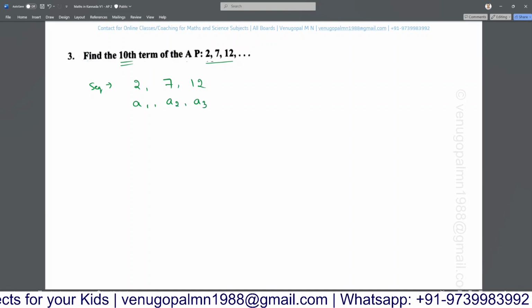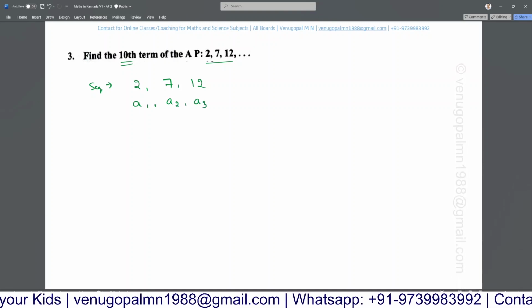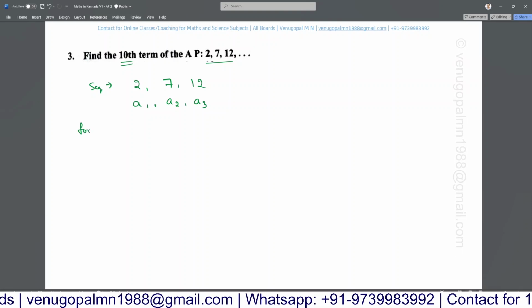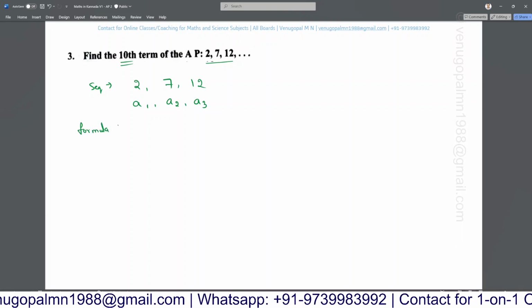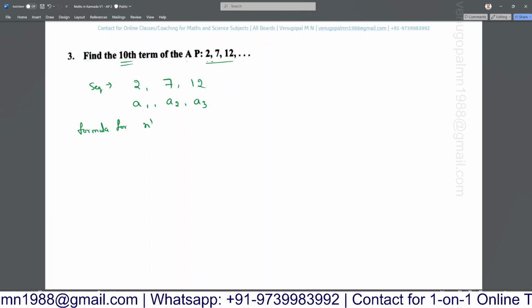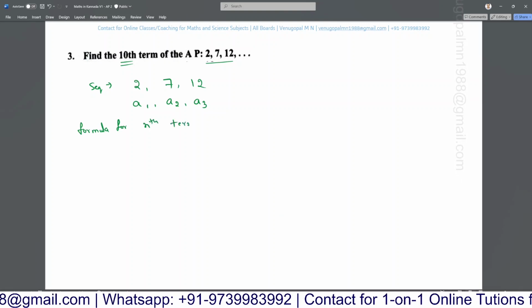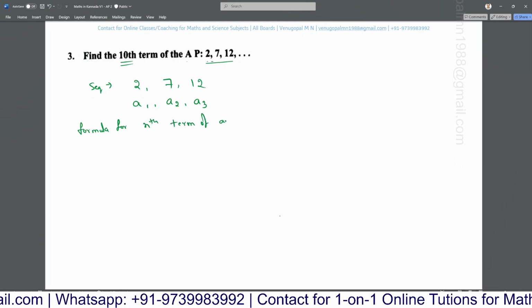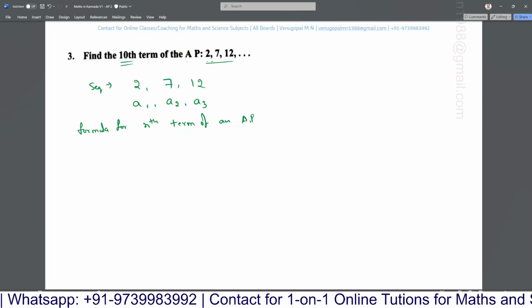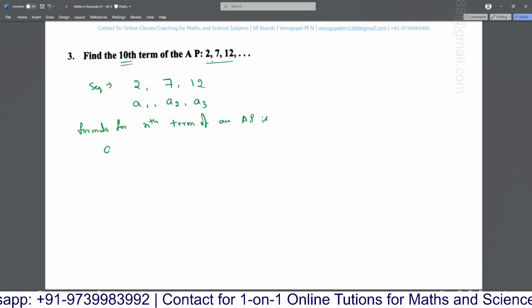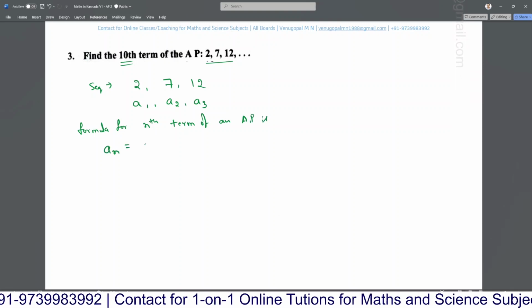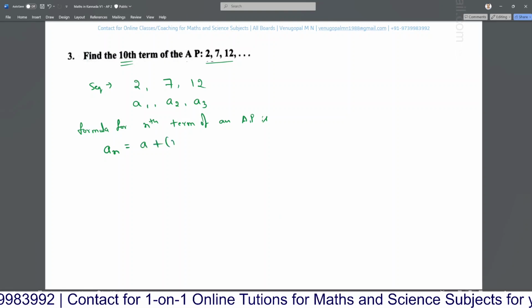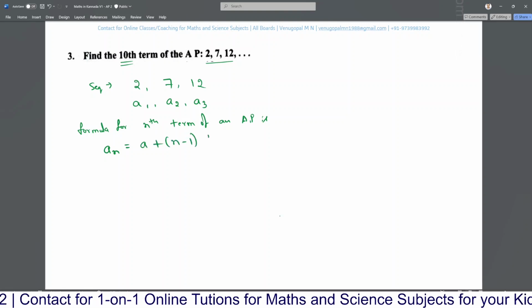And if you remember, what is the formula for the nth term of an AP? A of n is equal to A plus n minus 1 into D.